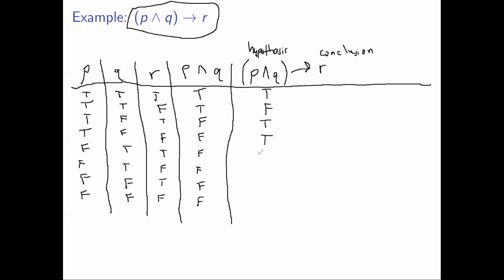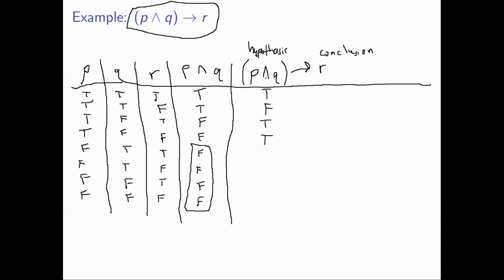And we notice for the rest of the rows here, P and Q is always false for all the rest of those. And that means the hypothesis is always false for the rest of those rows.